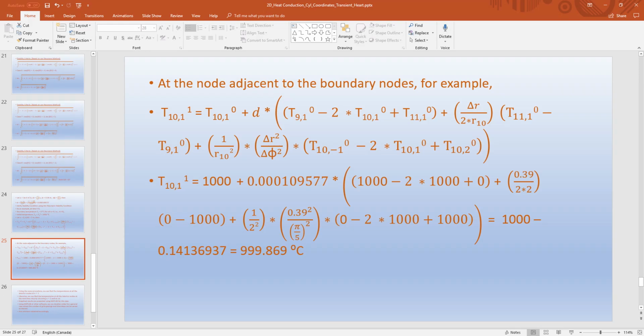We follow the same procedure and obtain temperatures for the other nodes in the domain as well, and we then find the temperature distribution in the domain for the next time step and so on.